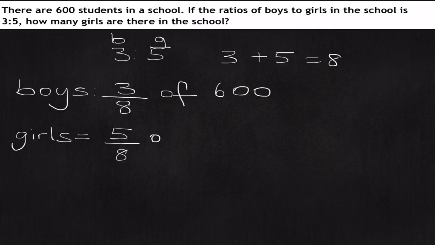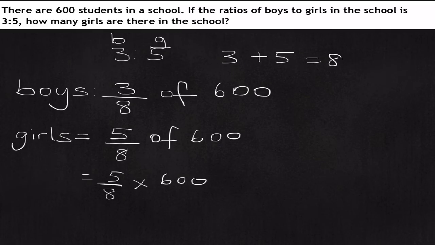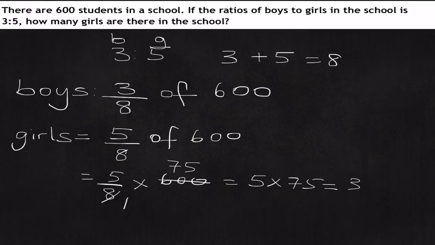Of the total of 600, we have 5 over 8 times 600. 8 goes into 8 once, 8 goes into 600 75 times. So we're left with 5 times 75, which gives us 375.